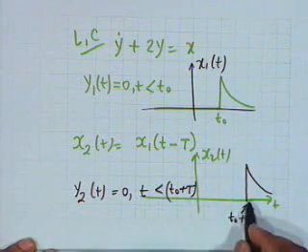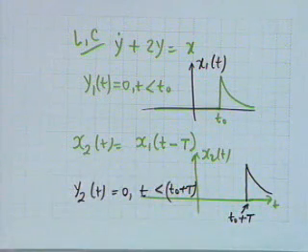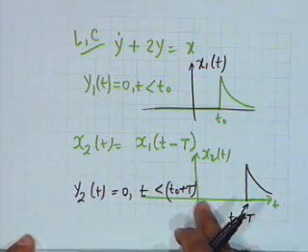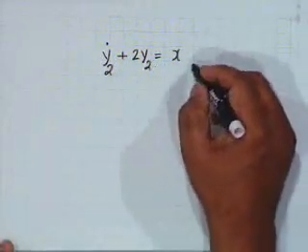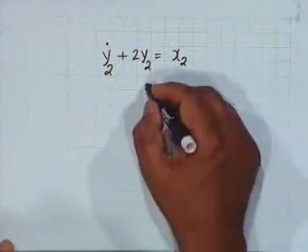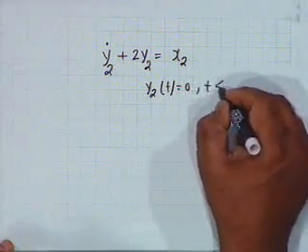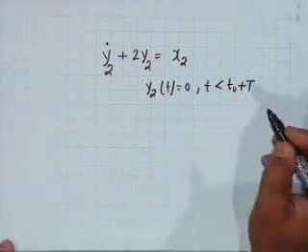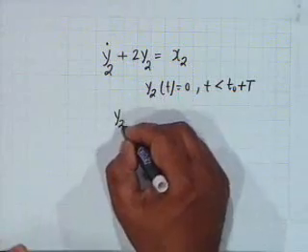Since the input is 0 till t0 plus T, the output must be 0 for t less than t0 plus T. And you can now easily verify that y2 dot plus 2y2 equal to x2, with y2 of t equal to 0 for t less than t0 plus T, is satisfied by y2 of t.